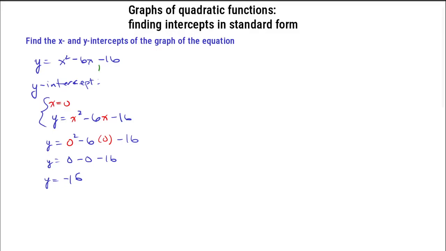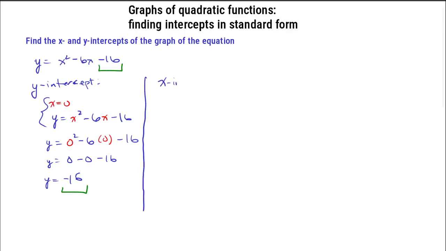This c coefficient, the constant coefficient in our quadratic. So we didn't even need to go through this whole process. If you have a quadratic in standard form, the y-intercept is just the constant term. In this example, it's the minus 16. All right, that's the y-intercept.